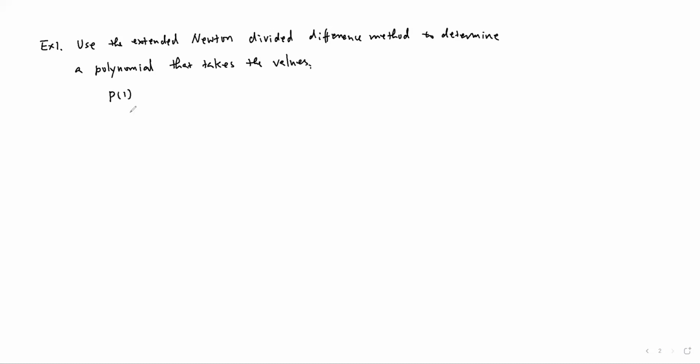The value of the polynomial P at 1 is equal to the function value f(1). Let me give a concrete value to it, say it is 2. And the derivative of the polynomial P at 1 is the derivative of the function at 1. Also, let me give a concrete value for it, say 3.